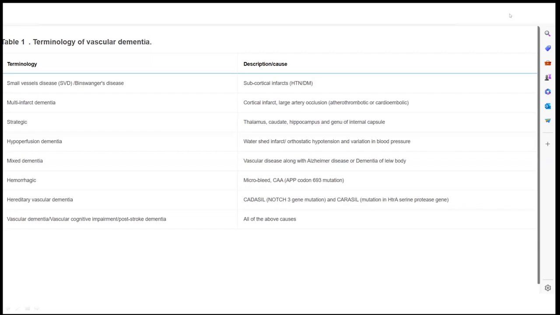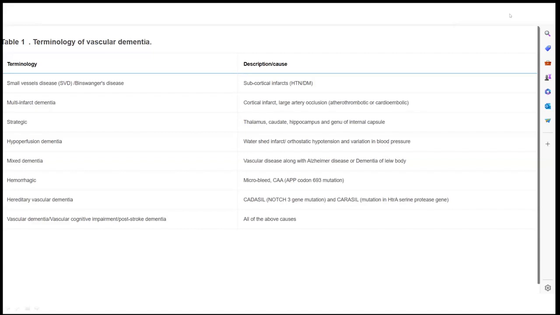It could be multi-infarct, several infarcts in different parts of the brain, or infarcts or vascular injury, being infarct, ischemia, or hemorrhage, in a strategic cerebral domain such as the thalamus, caudate nuclei, hippocampus, or the internal capsule. Hypoperfusion is another vascular insult or injury in specific cerebral locations, watershed infarcts, for example.